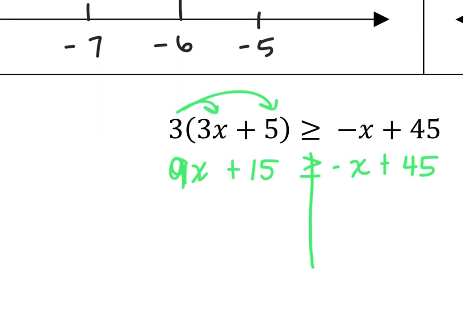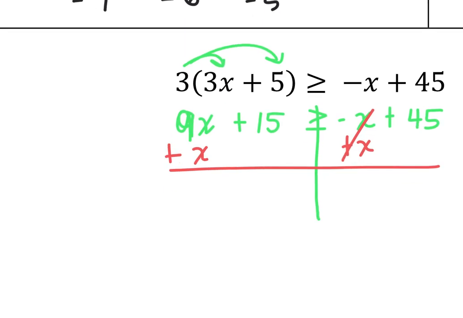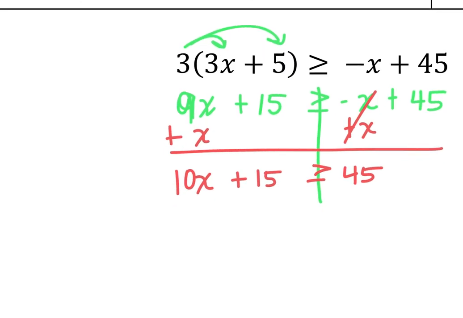Very good. So I'm going to do plus 1x on both sides, so that I have 10x over here, because now these are like terms on the same side and I can combine them. So 9 plus 1 is going to be 10x. Then I'm just going to bring down the plus 15 is greater than or equal to 45.